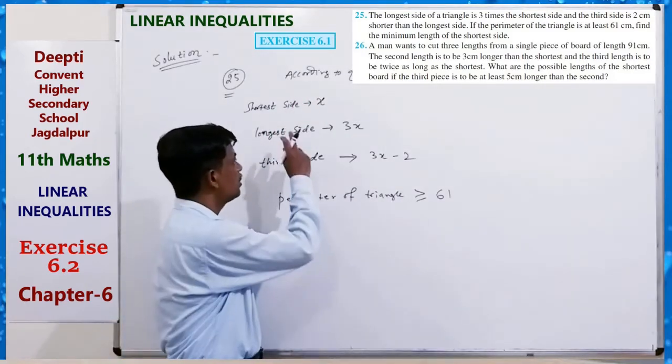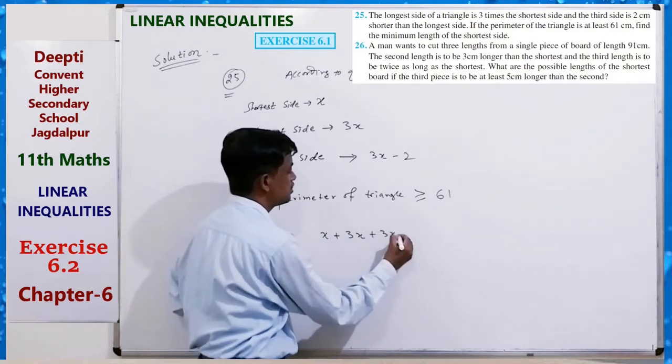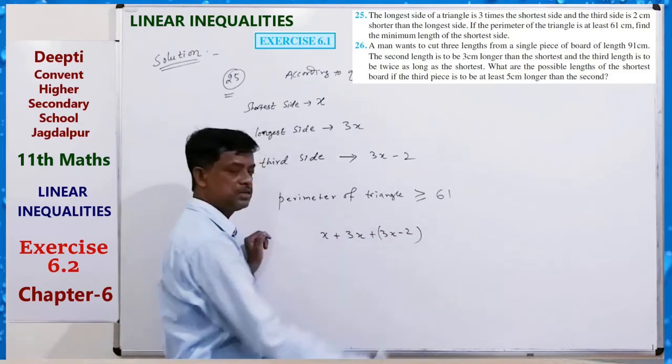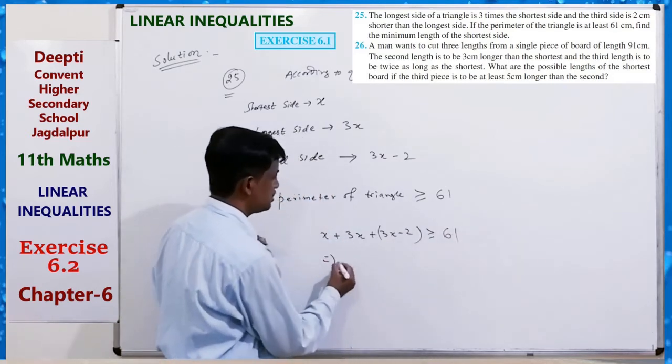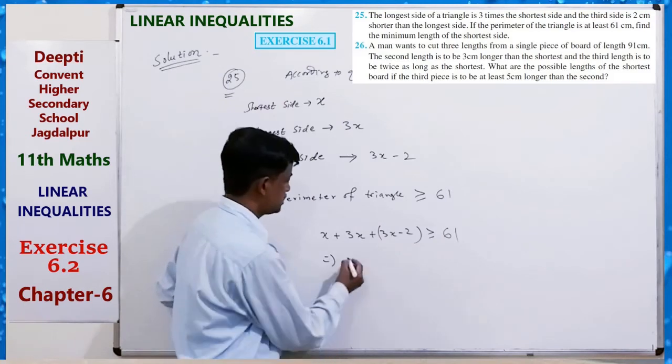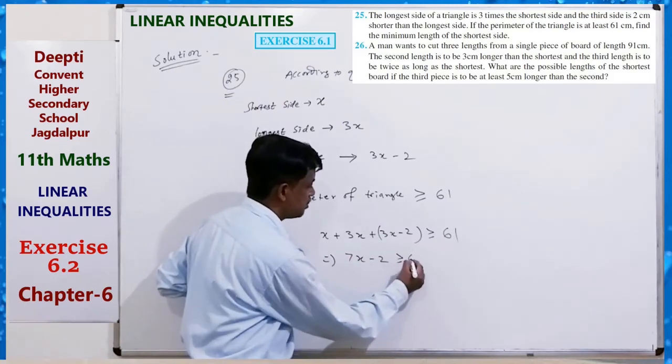So the perimeter of the triangle is x plus x plus 3x minus 2, the sum of these 3 sides, which is greater than or equal to 61. Solving, 7x minus 2 is greater than or equal to 61.